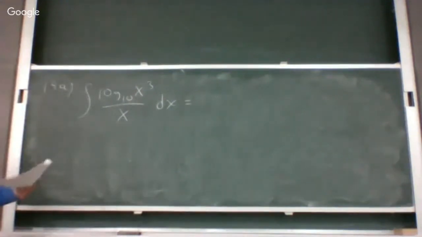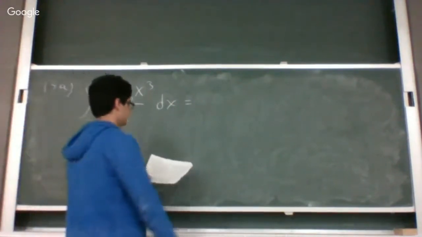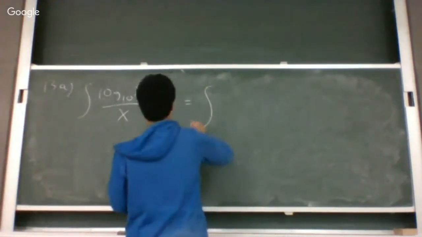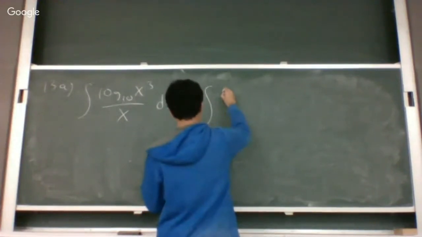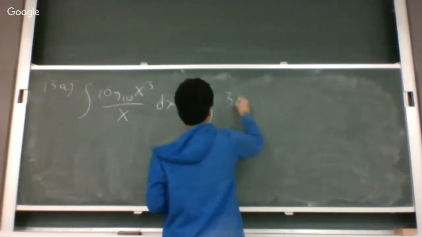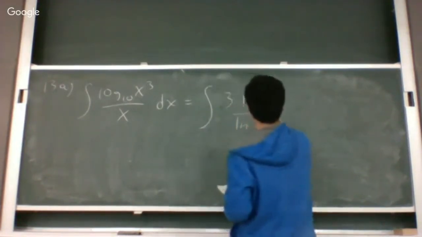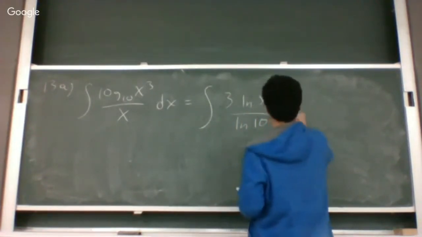What's the first thing that you should do whenever you see a log, essentially? Turn it into a natural log. So this is the integral of the natural log. We'll bring down the exponent, so 3 times the natural log of x over the natural log of 10, and we have dx over x.